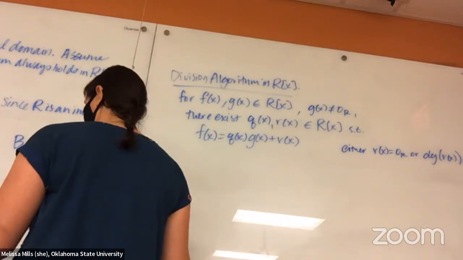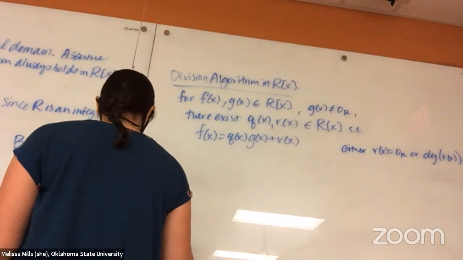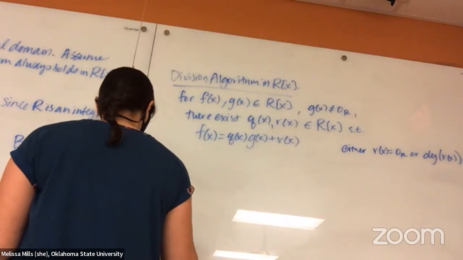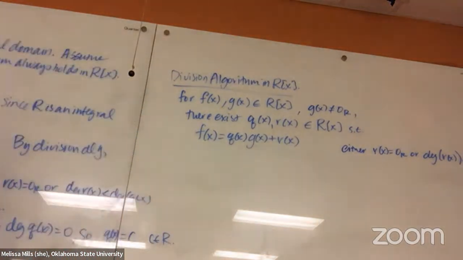Q of x is some constant, we'll just call it c, for c in R. So let's say c equals A inverse, which is an element of R. Good? You can see how to string together the definitions and theorems from this section.